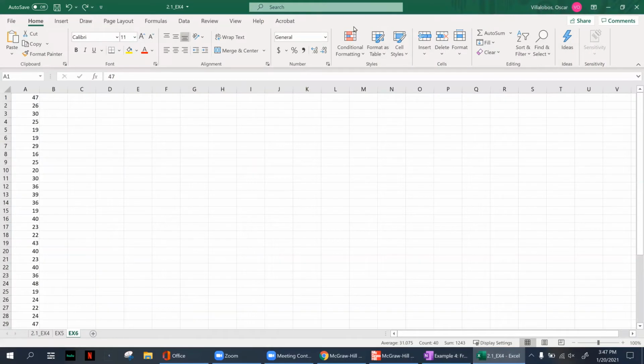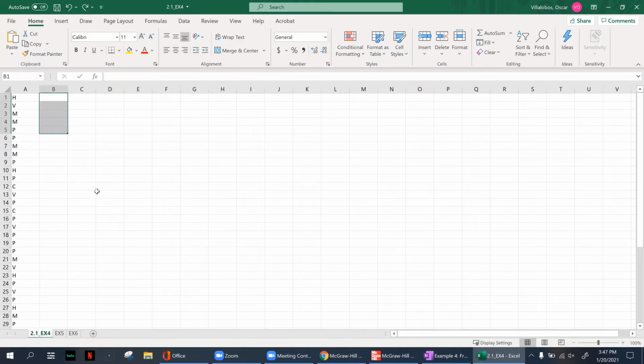There we go. So for example 4, the great thing about the homework is it lets you download this information in Excel, and whenever you open the file, it'll give you all this data. And look, if you notice, there's 43 values.